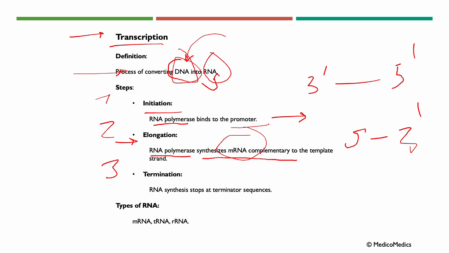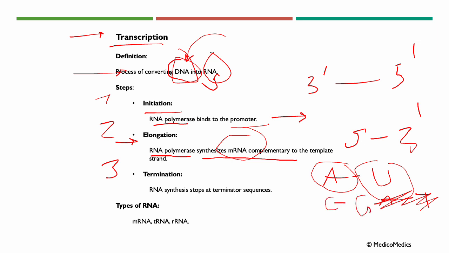And the RNA sequence follows the base pairing rules that we mentioned before, where adenine pairs with uracil instead of thymine, because we're talking about the RNA sequence now. When we talked about DNA, we said that adenine was paired with thymine. But now it's adenine pairing with uracil. And cytosine pairs with guanine.